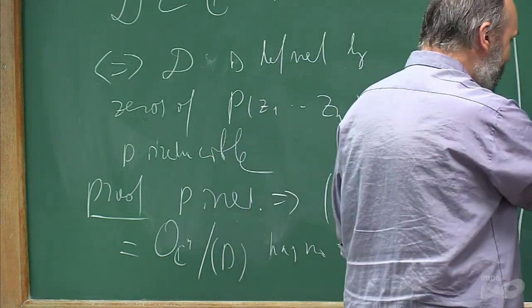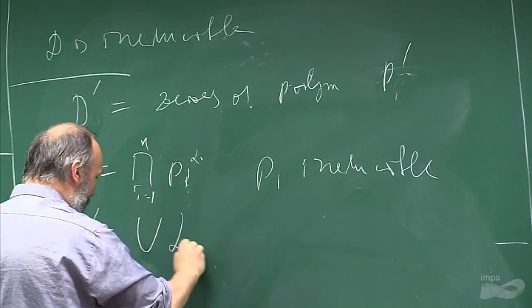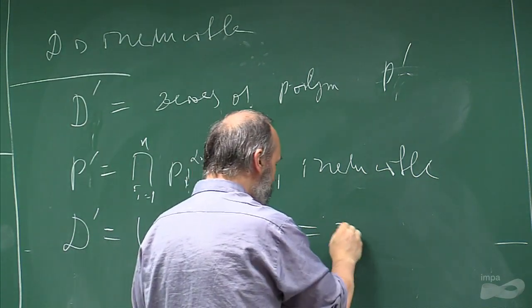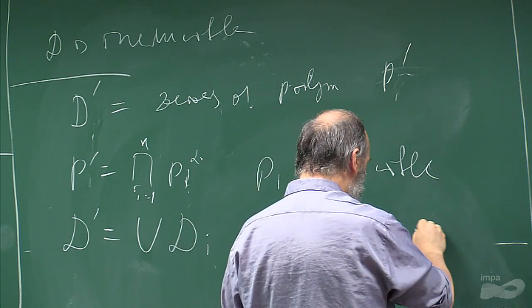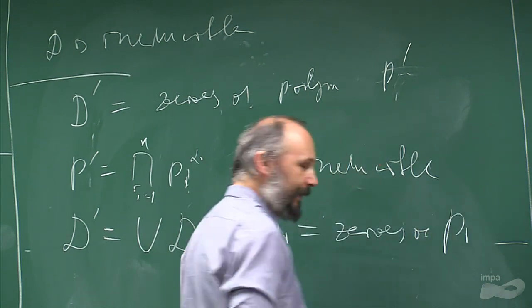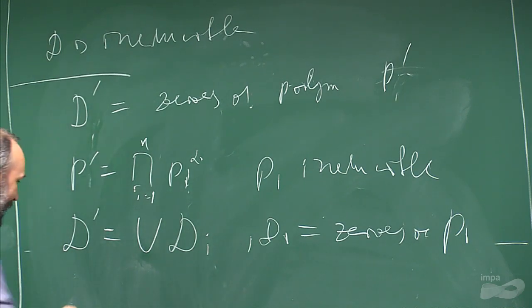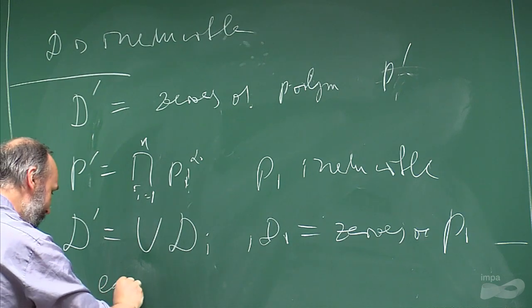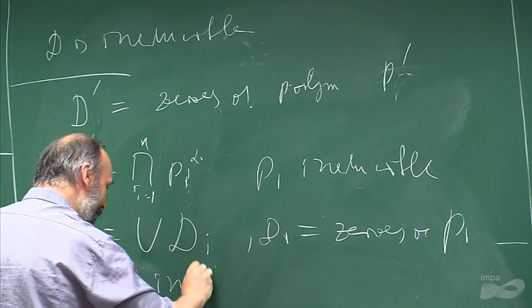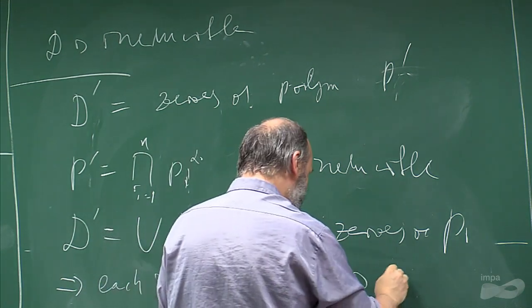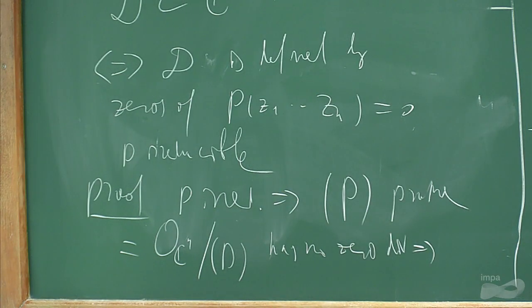Then D prime is a union of Di, where Di are zeros of pi. Right? This is an irreducible decomposition of D. Then each irreducible component of D is zeros of polynomial.